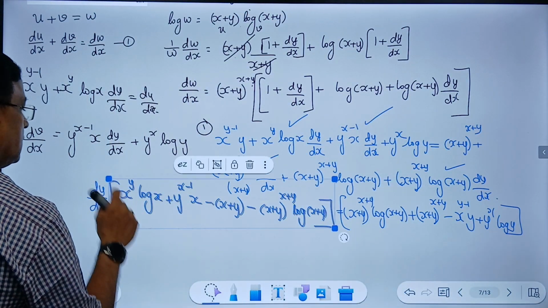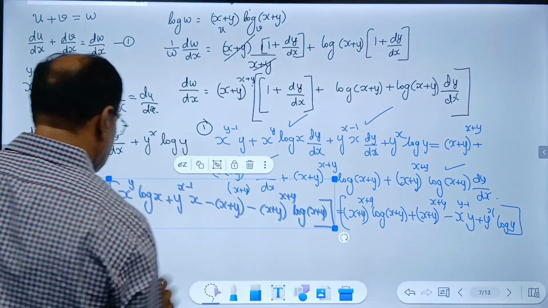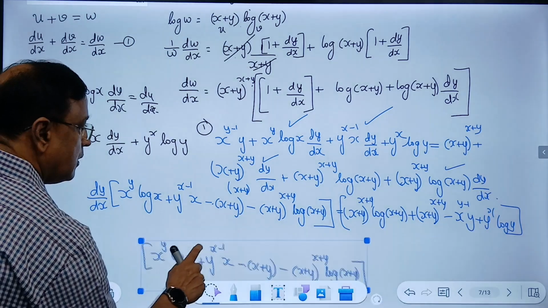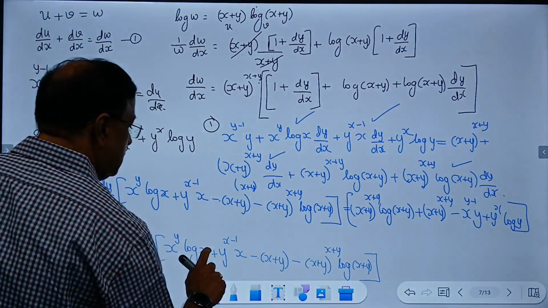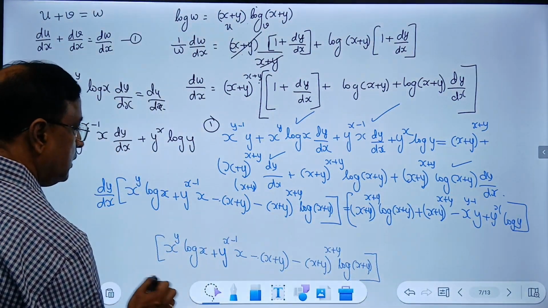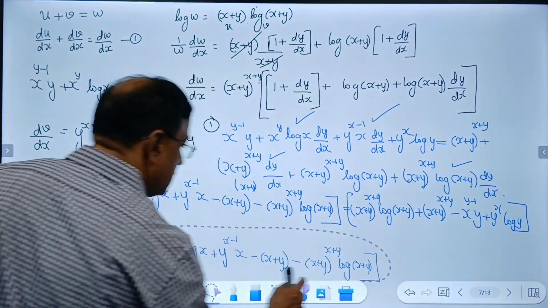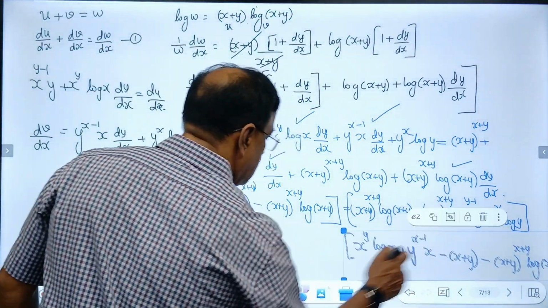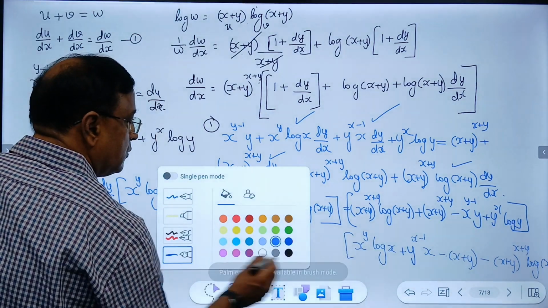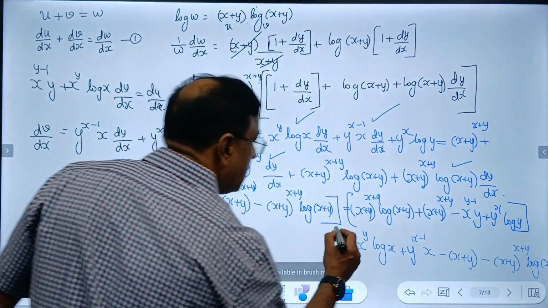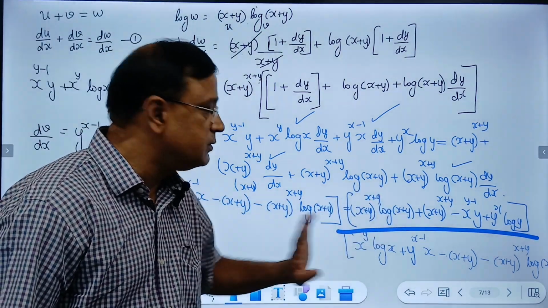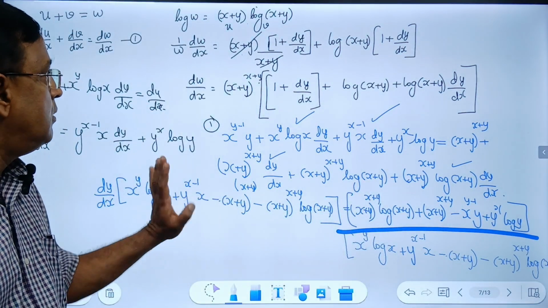Instead of writing, okay. So your dy by dx will be this. So you can understand that if I put by, okay. So dy by dx will be this by this. That you can figure it out.